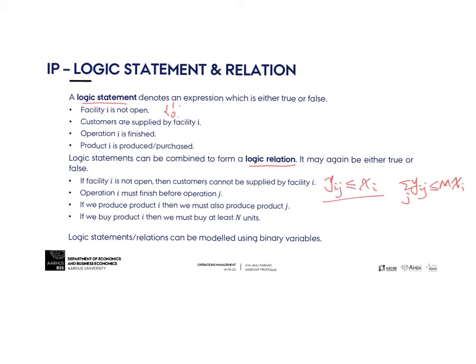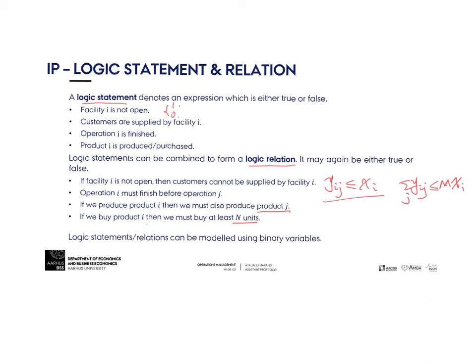If we produce product i, then we must also produce product j. If we buy product i, then we must buy at least n units. Those are some examples of logic relations.